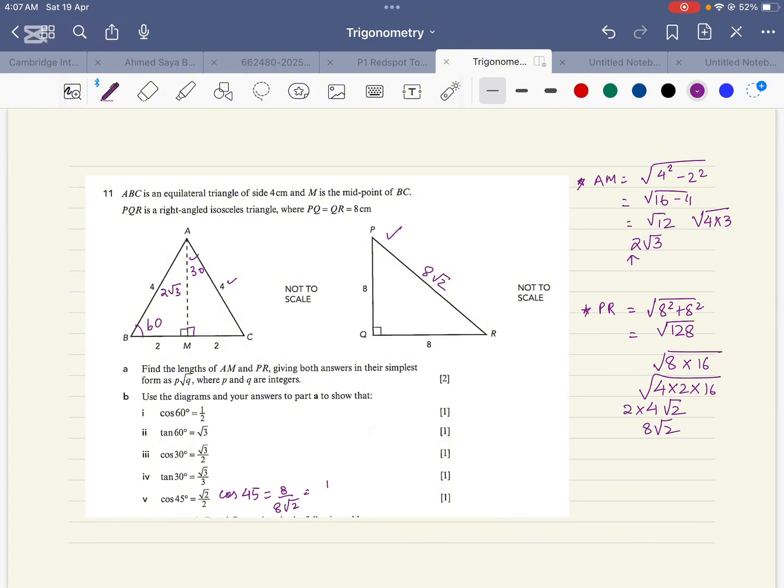This gives me 1 upon root 2. I will rationalize the denominator by multiplying it with the denominator itself. Root 2 gives me root 2 over 2. This is the answer. Moving on to the next topic, which is trigonometric ratios for obtuse angle.